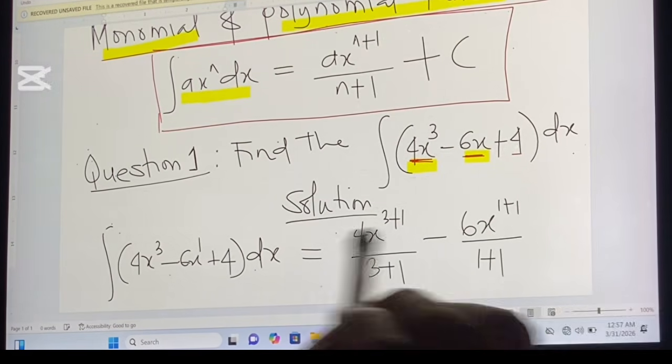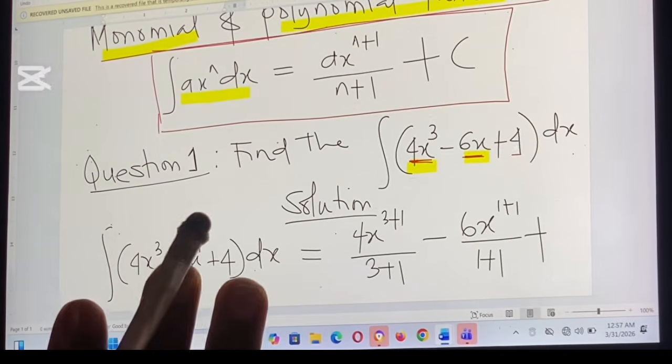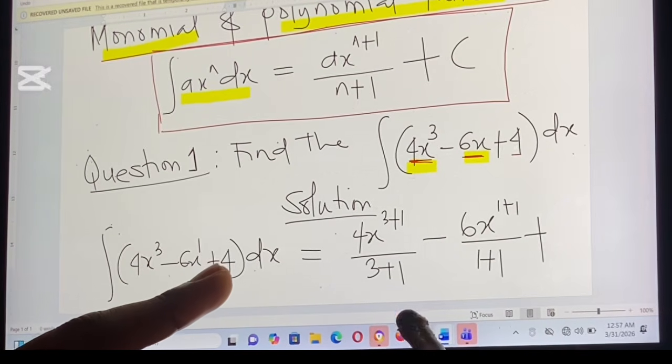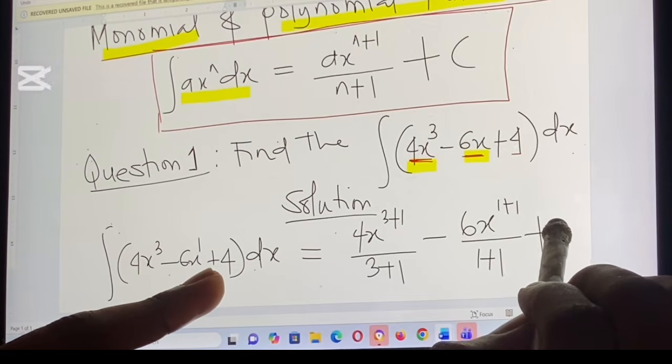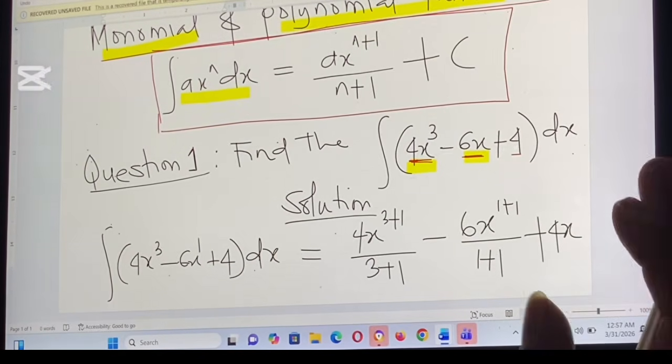So class, plus, this is a constant because there's no letter attached to it. The integral of a constant is multiplying s to it. So multiply s to this constant digit here. This will be 4s. So class, let's simplify this here.